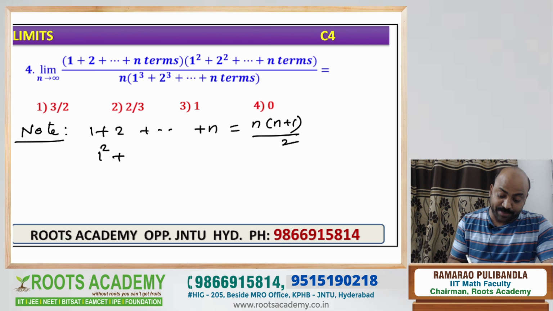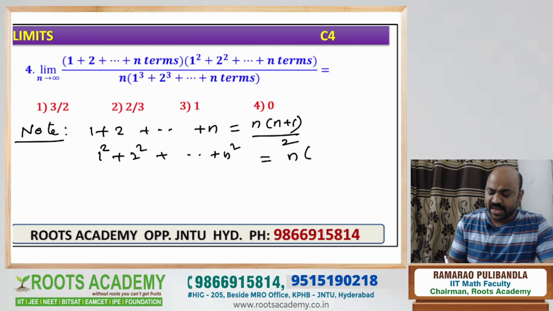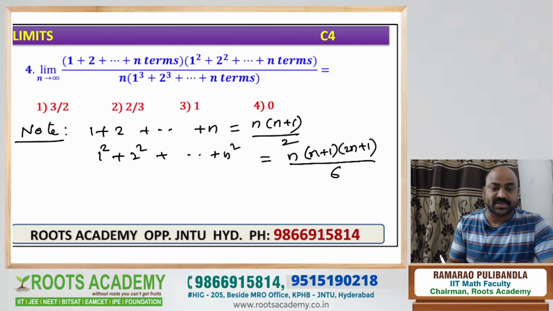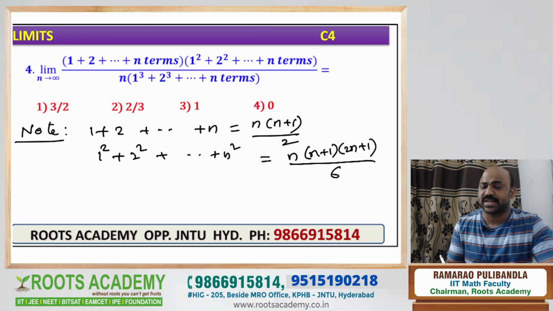And what is 1 square plus 2 square plus and so on plus n square? The answer is n into (n plus 1) into (2n plus 1) by 6. Dear students, if you don't know these school basics, please first build the foundation properly. Otherwise, you will get stuck in between and the papers are going to be very lengthy if you don't have the basics. I think all of you are able to follow me.